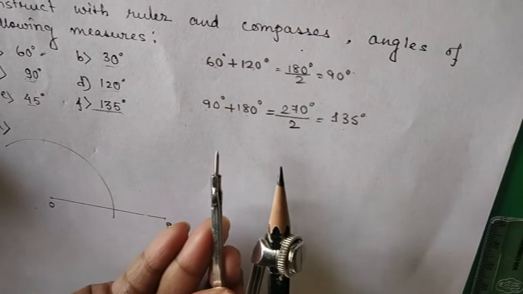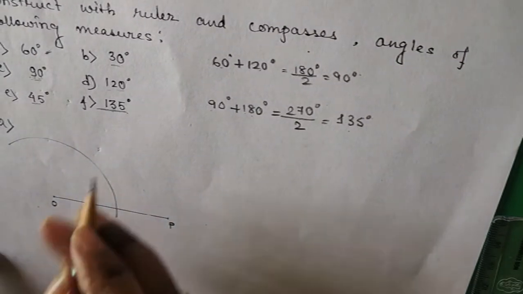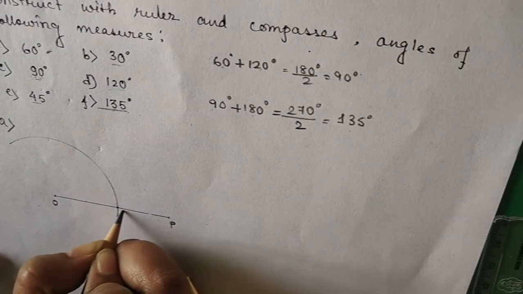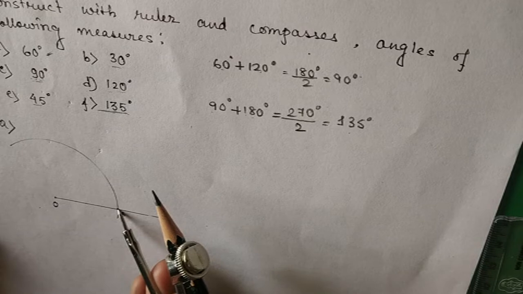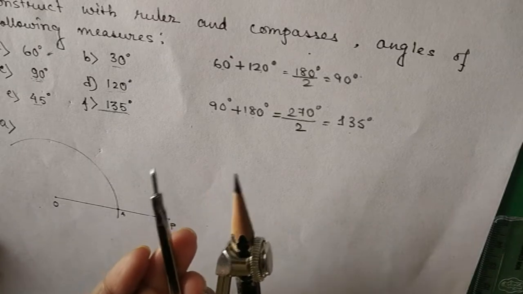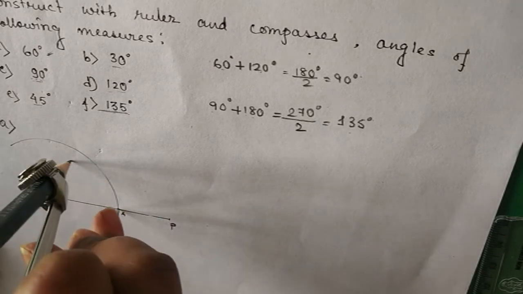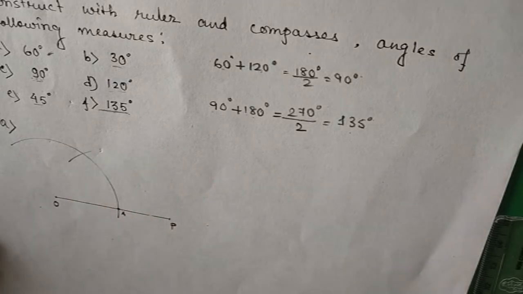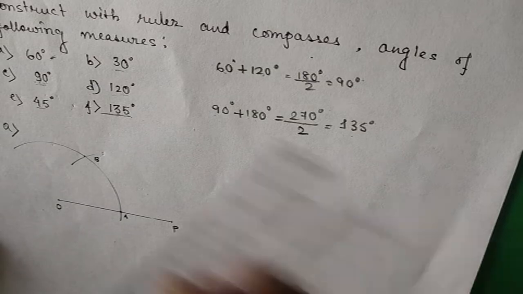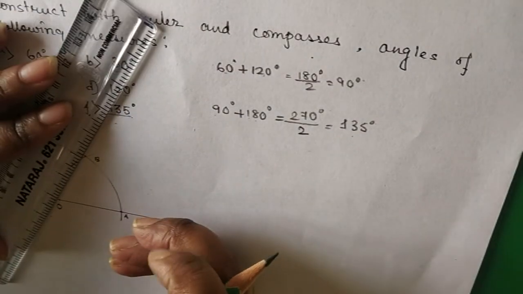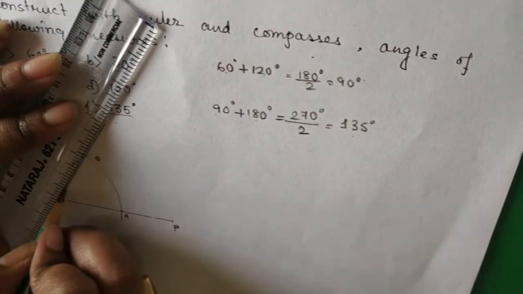Say suppose here is A. So we will place the needle of the compass at point A, and without changing the radius we will draw another arc. Say this is point B. So this is 60 degree. Now we will join OA to get 60 degree.